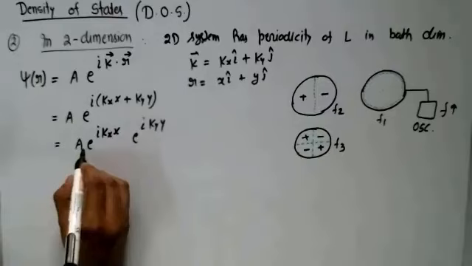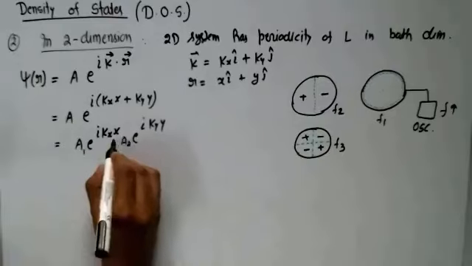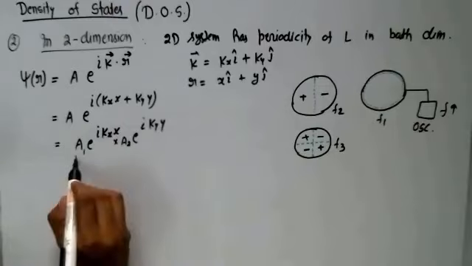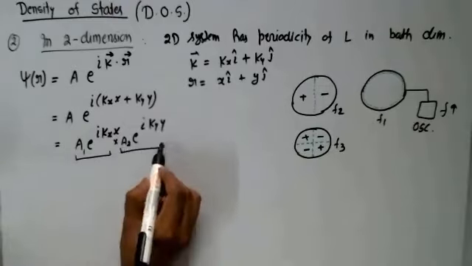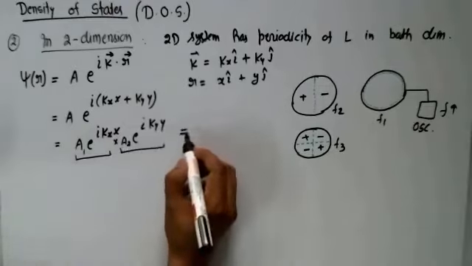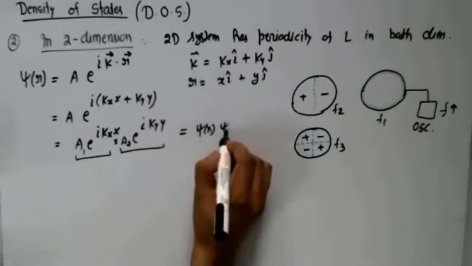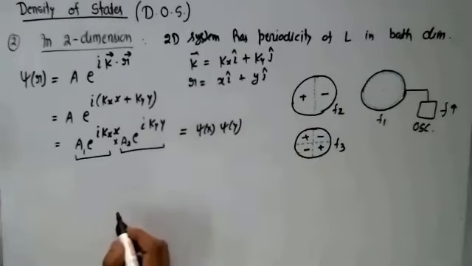इसको ऐसे कर सकते हैं a1 a2. So actually you're doing a separation in the variables, so I can write it like psi x and psi y.